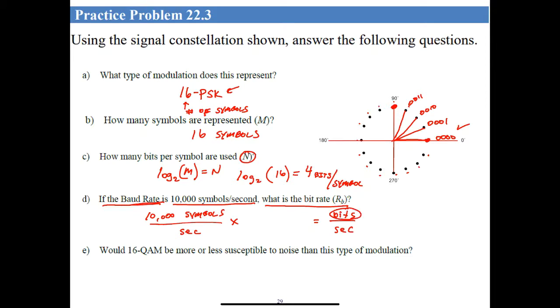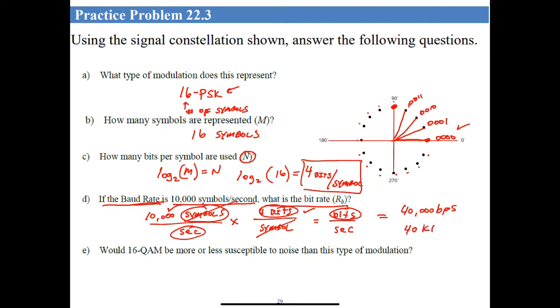I want to know how many bits I have per symbol, and we found that out up here: 4 bits per symbol. So I'm going to multiply that by 4 bits per symbol, and notice now the symbols cancel out, and you're left with bits per second. So 10,000 times 4 equals 40,000 bits per second, or 40 kilobits per second.